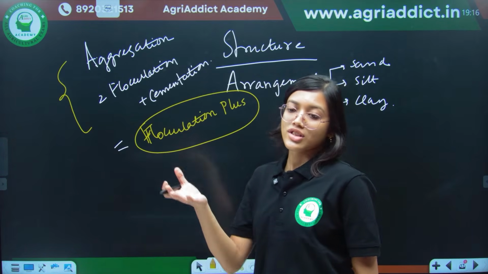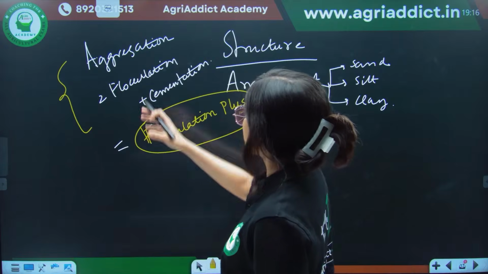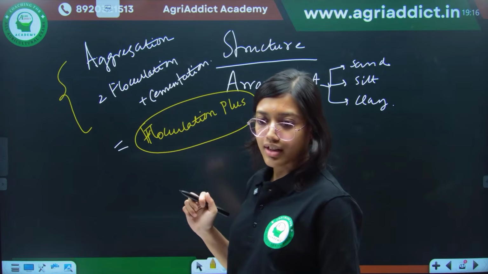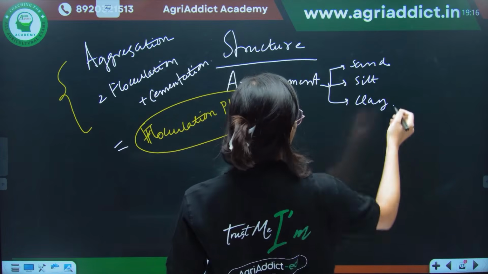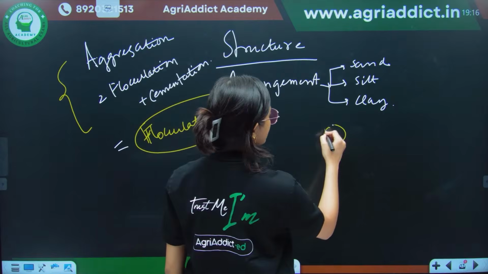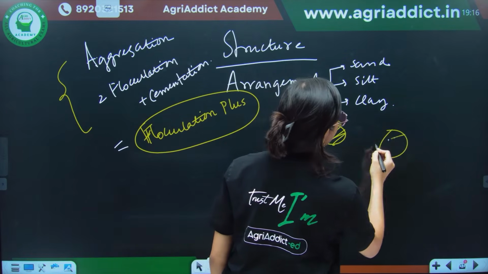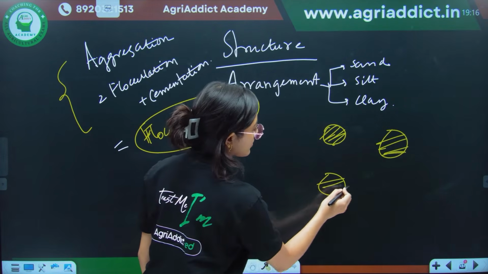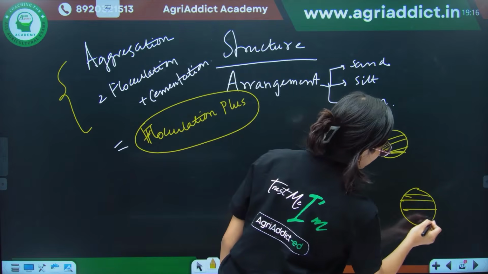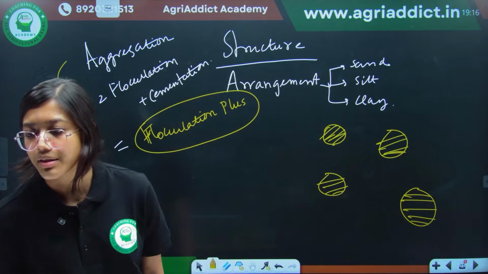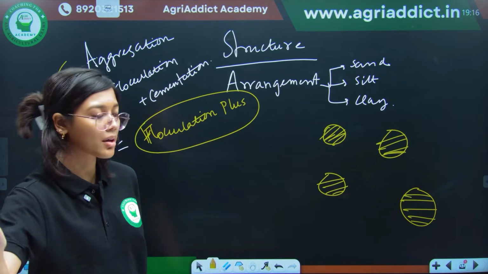Okay, so see, for the aggregation, what will happen? It is actually flocculation plus cementation. So how will that take place? Suppose this is sand, and there are different particles in a dispersed condition, scattered randomly in your soil. I am talking about flocculation.